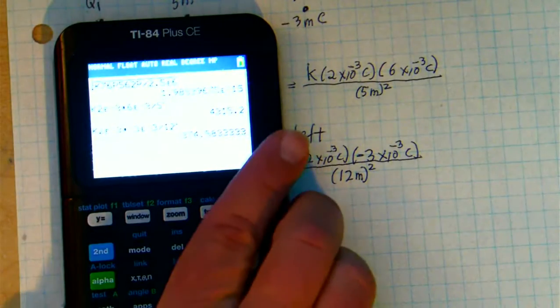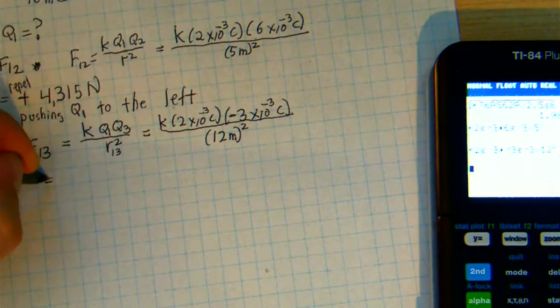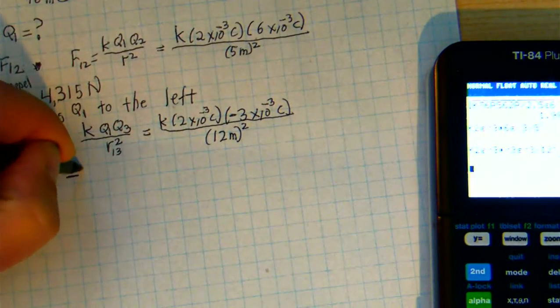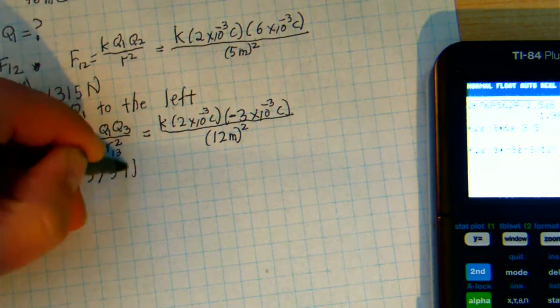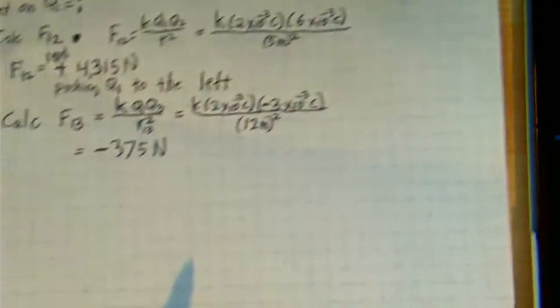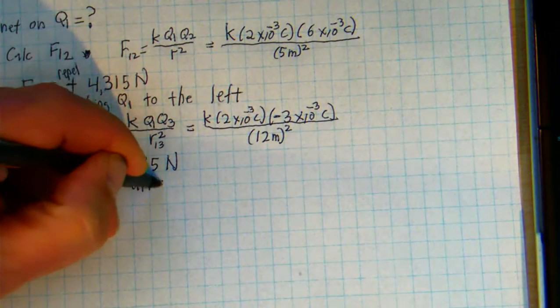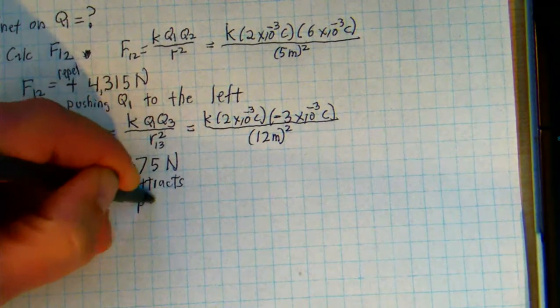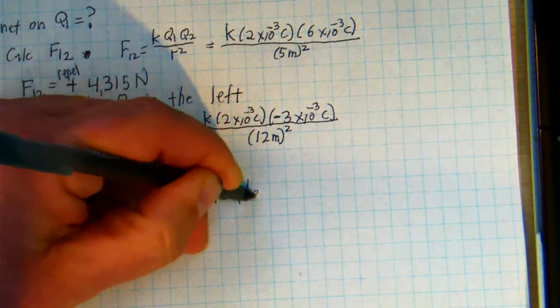And the calculator displays negative 374.5832. So I'm going to say F13 is equal to negative 375 newtons. Here, the minus sign means attracts. That means pulls Q1 to the right.